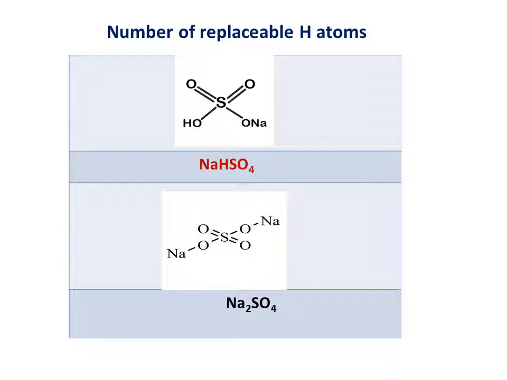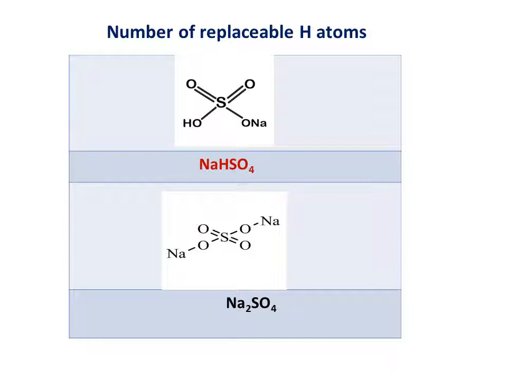See, sulfur is bound to 4 oxygens, and here in case of sodium bisulfate, one oxygen is bonded to sodium and one oxygen is bonded to hydrogen. So one OH is there, and that hydrogen bonded with oxygen can be replaced.